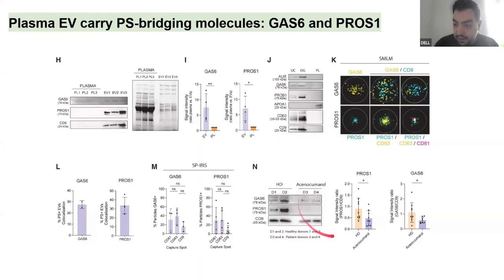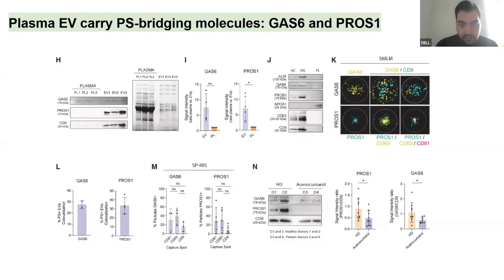Supporting this idea, EVs isolated from patients under acenocoumarol therapy show a strong reduction in Gas6 and protein S levels as determined by Western blot.